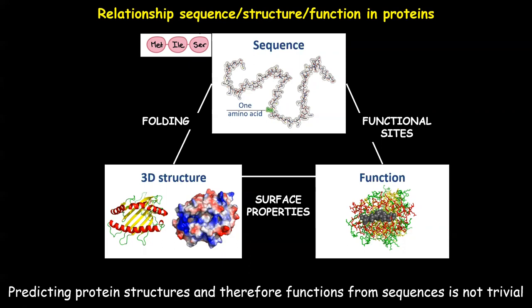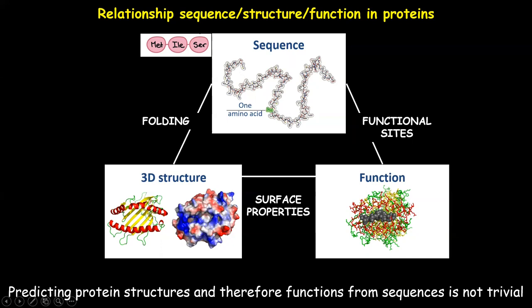And it is because of this folding that they start acquiring their functions and their chemical properties. Then you can define what we call the functional sites, which are usually located within the proteins, and you will define their surface properties and so on.